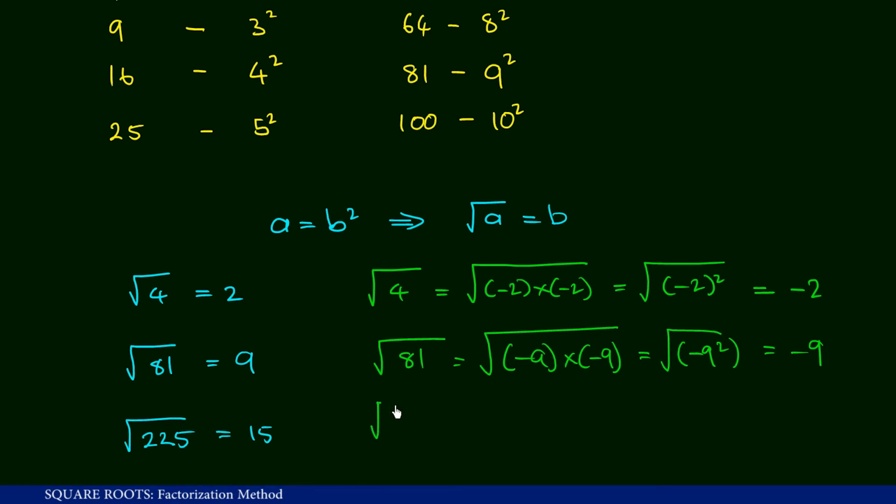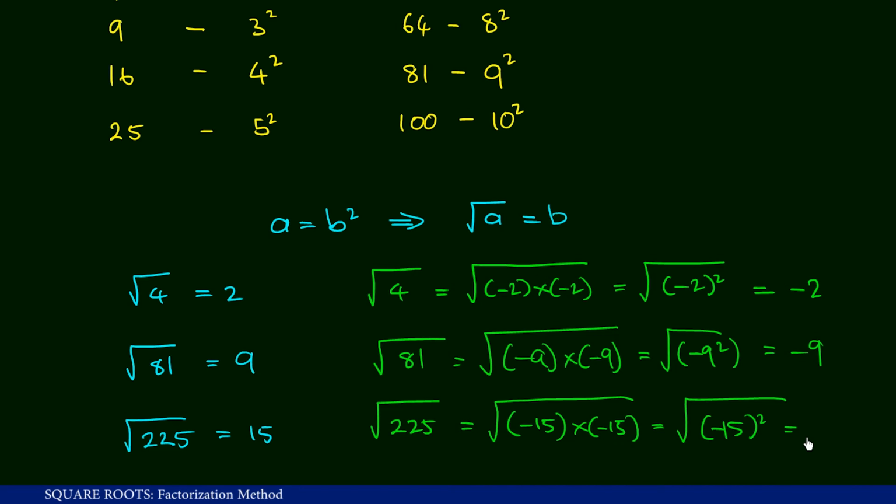And then the square root of 225 is equal to the square root of minus 15 times minus 15, or the square root of minus 15 squared. That would make the square root of 225 equal to minus 15.